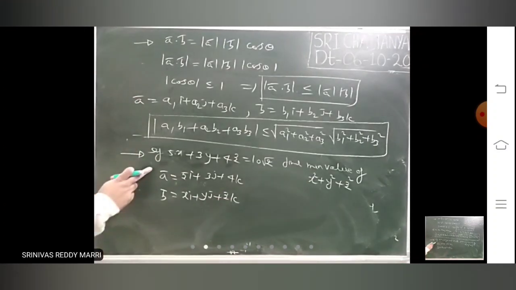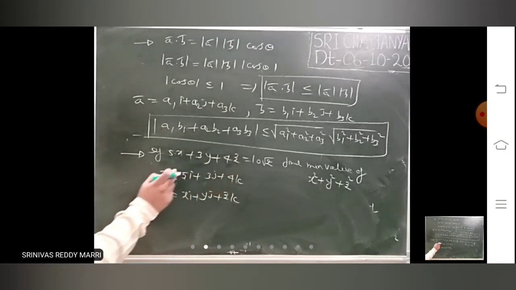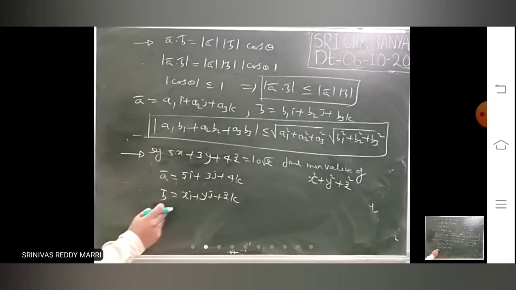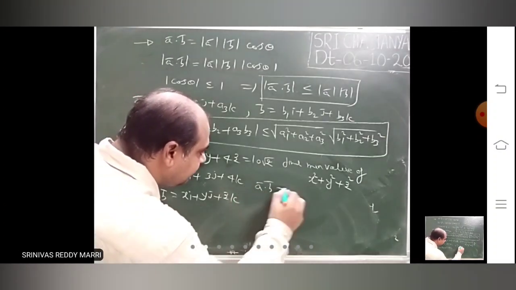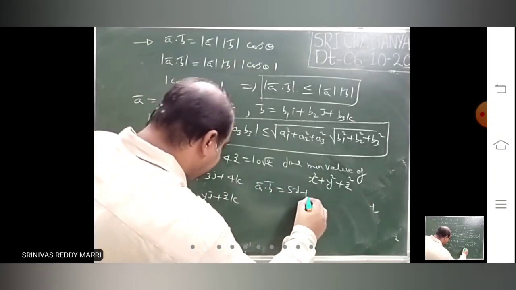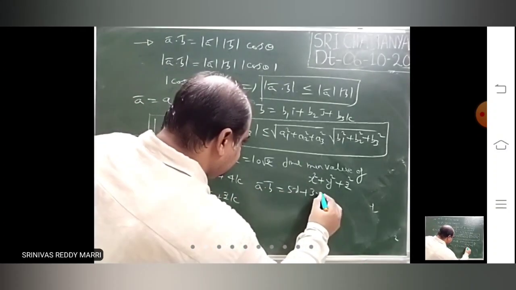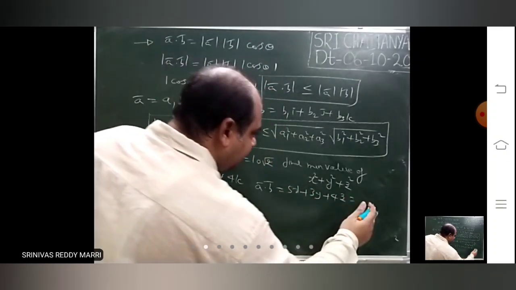Whenever a product of 2, product of 2, product of 2 is there, A bar you consider the first numbers and B bar you consider the second numbers. That means A dot B is nothing but 5x plus 3y plus 4z. That is A dot B given.